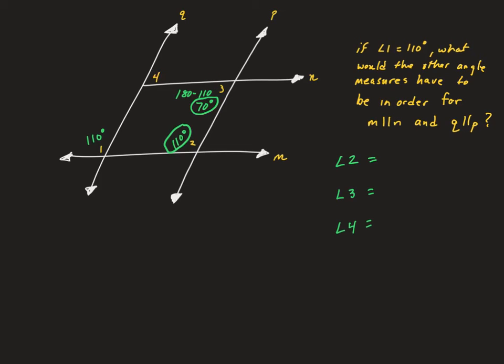Alternate interior angles are congruent, and therefore that would make angle number 4 also equal to 70 degrees. So angle number 4 would be 70 degrees, angle number 3 would be 70 degrees, and angle number 2 would be 110 degrees. So using some of that information just to make these determinations, okay?